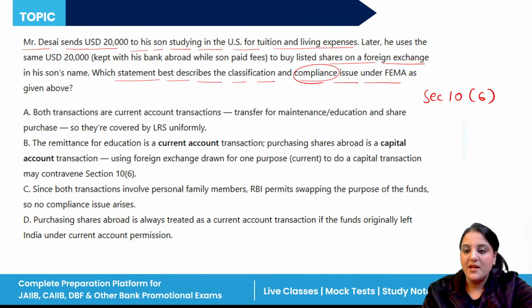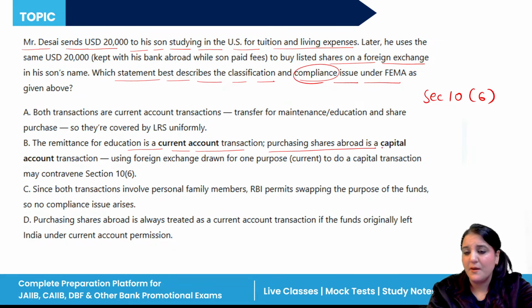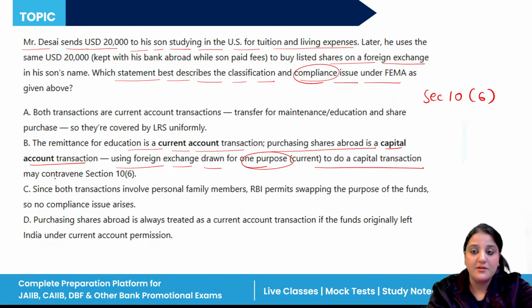So we can say the correct answer is: the remittance for education is a current account transaction, but purchasing shares abroad is a capital account transaction. So using foreign exchange drawn for one purpose to do a capital transaction may contravene section 10 subsection 6. So answer B is correct here.